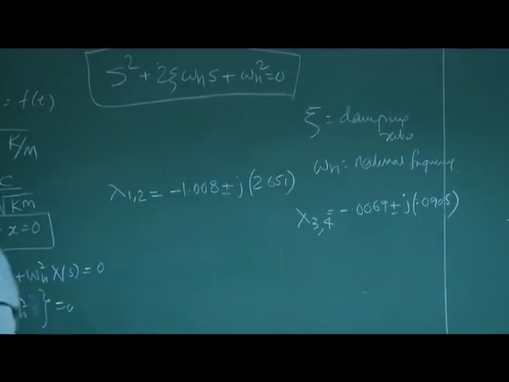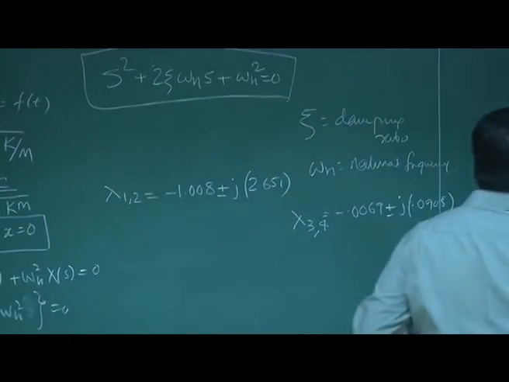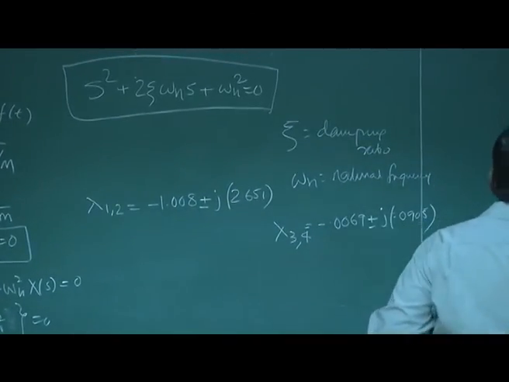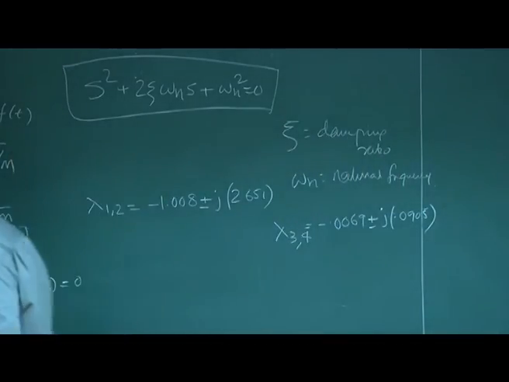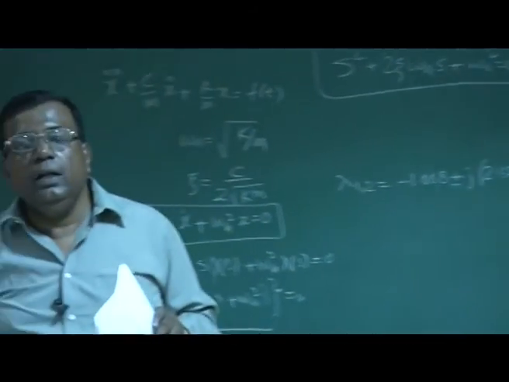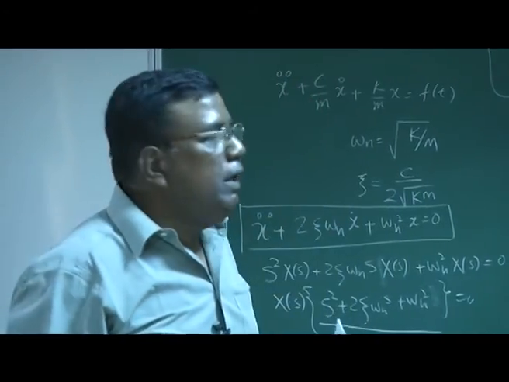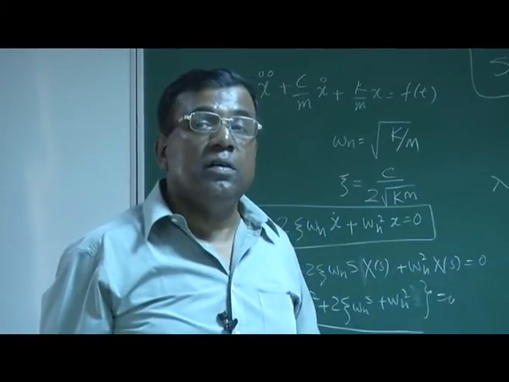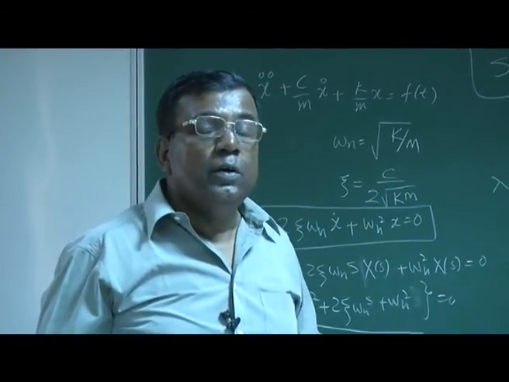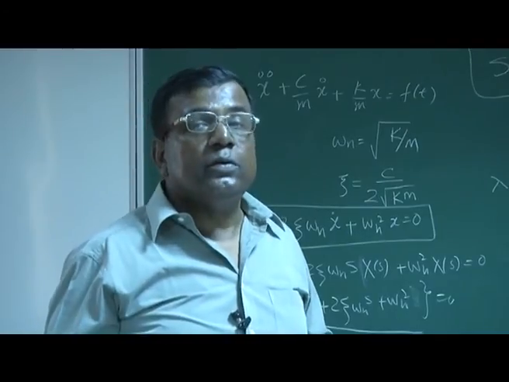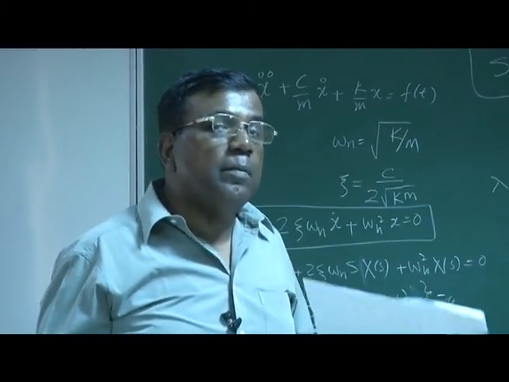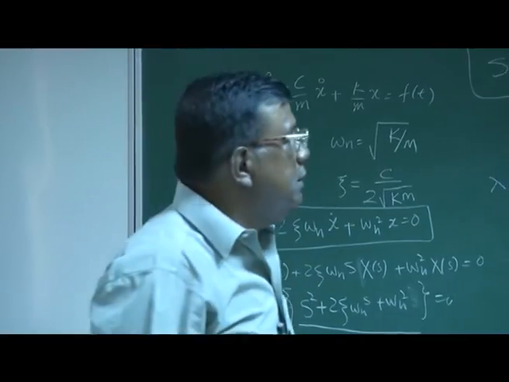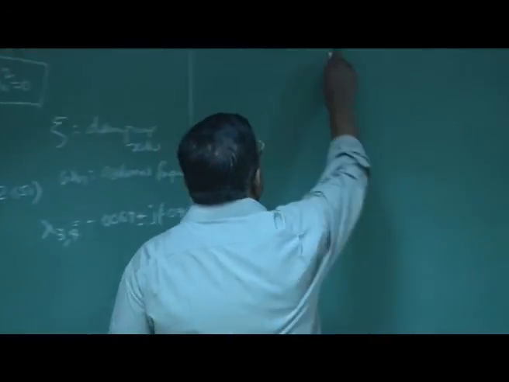These roots can also be displayed graphically. For the longitudinal case, the solution of s to the power 4 plus B s cube plus C s square plus D s plus E equal to 0 will generally give two pairs of complex conjugate roots. The moment you see two pairs of complex conjugate roots, you know this corresponds to the longitudinal case.